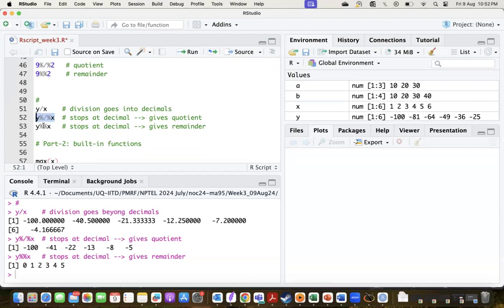So when I divide y by x, let's take the third example. 64 by 3 gives me 21.33.